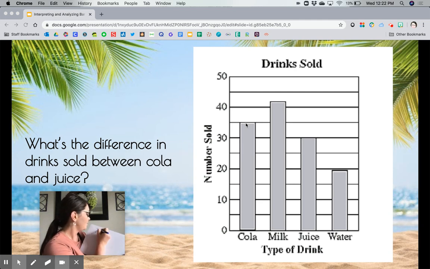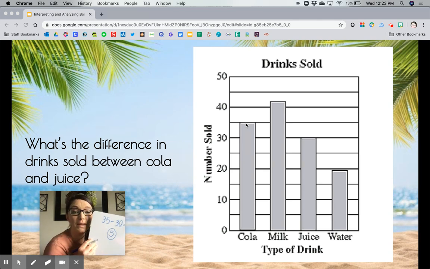So I have 35 cola drinks that were sold, and I had 30 juice drinks sold. We said we were going to subtract, so if I want to know the difference, I'm going to say there's a 5 drink difference. There were 5 more colas sold than juice. So the difference between the two would be 5 drinks sold.